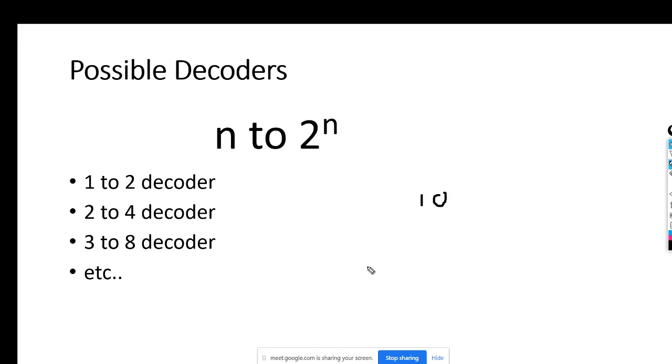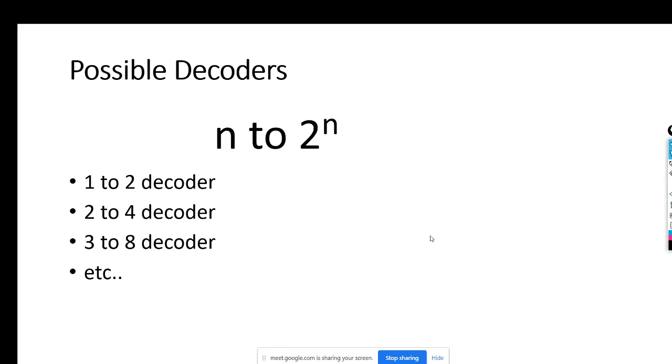You have to go for a 4 to 16 decoder. Of course, you are not using all the 16 outputs, but a 3 to 8 decoder is not good enough because you have 10 different things to be accessed. So likewise, you have to go to the next nearest decoder when you have that kind of requirement.